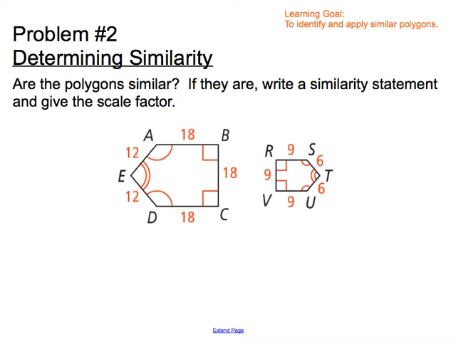Same question, different figure. In this case, we're given two measurements. The 12 is repeated twice and the 18 is repeated 3 times. Over here, same thing, we have a 6 and a 9. The 6 is repeated twice, and the 9 is repeated 3 times. So in this case, the short number in this side, 6, must be to 12, as 9 is to 18.